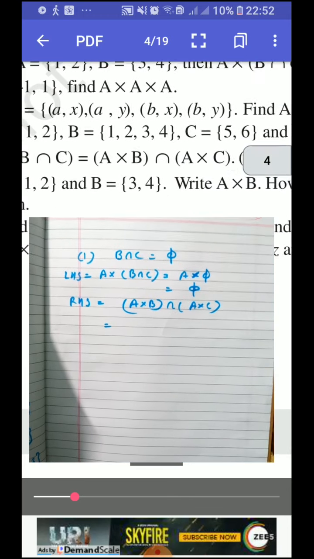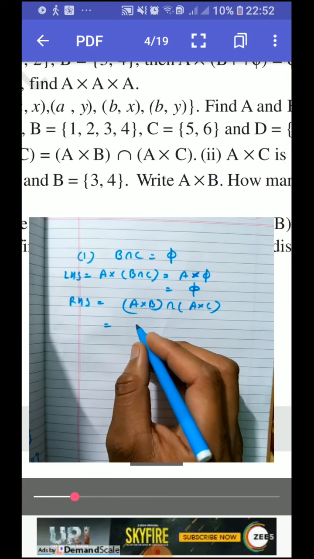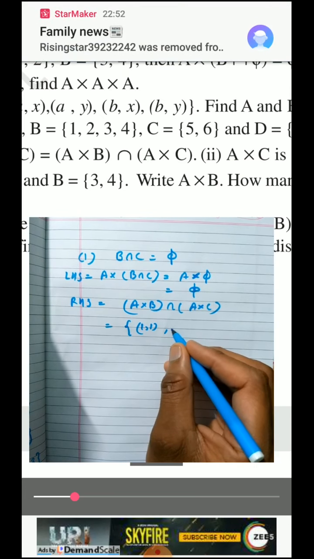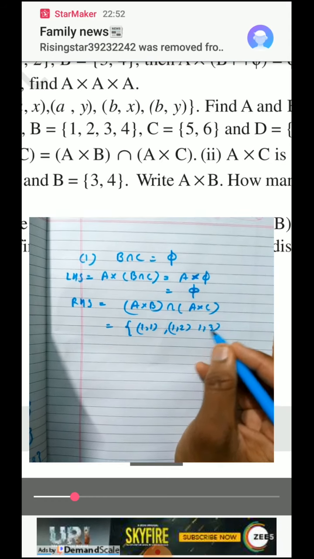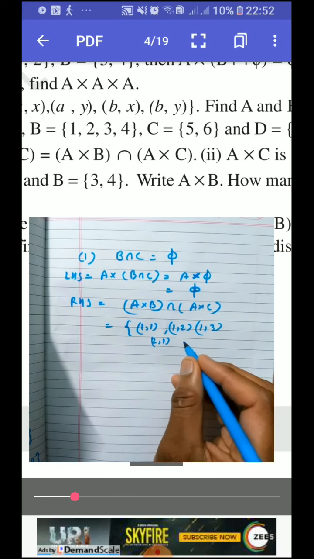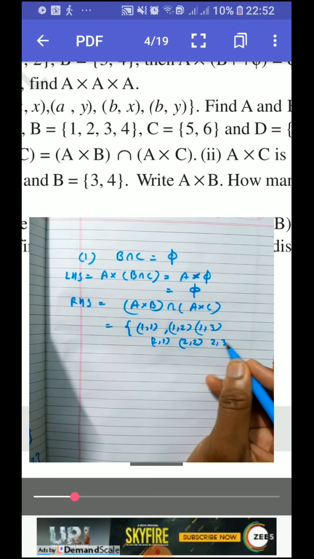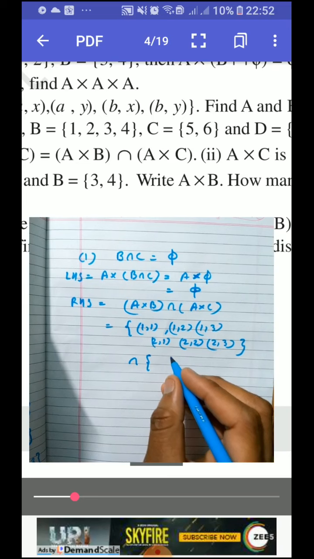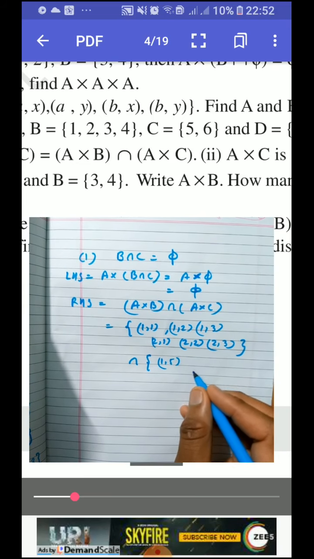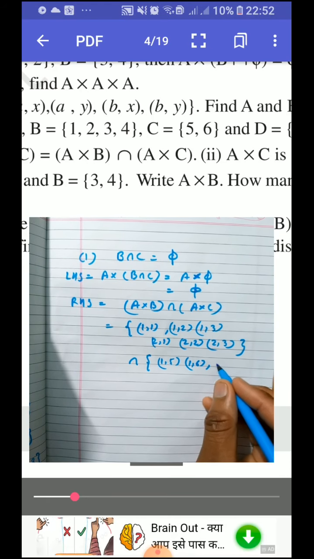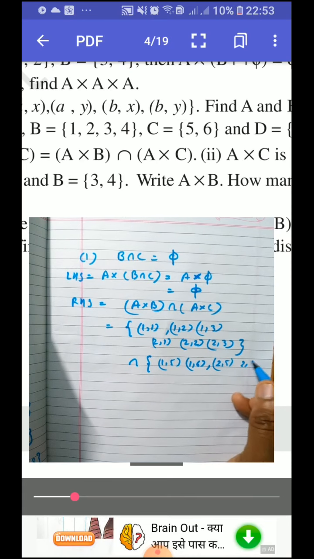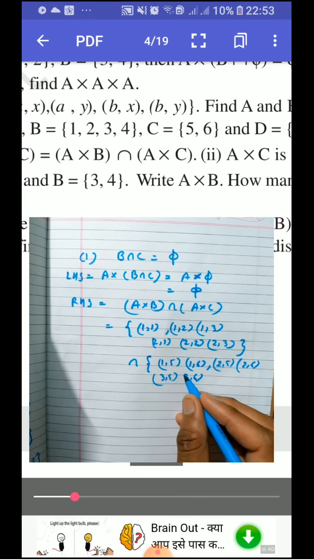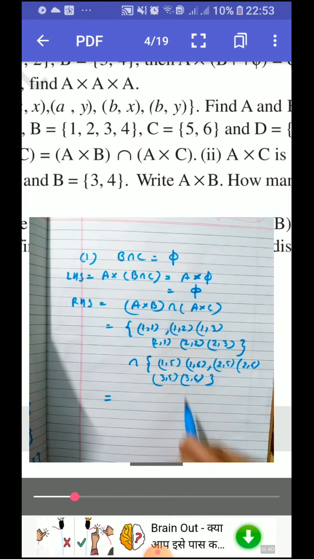In the right hand side, first write A Cartesian B: (1,1), (1,2), (1,3), (2,1), (2,2), (2,3). Now the intersection with A Cartesian C: (1,5), (1,6), (2,5), (2,6), (3,5), (3,6).